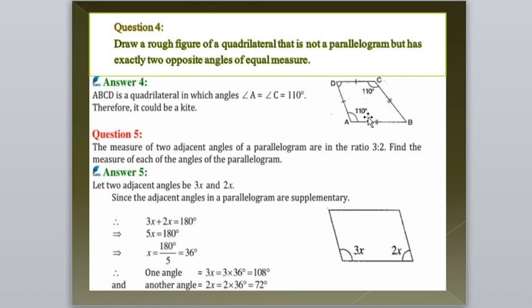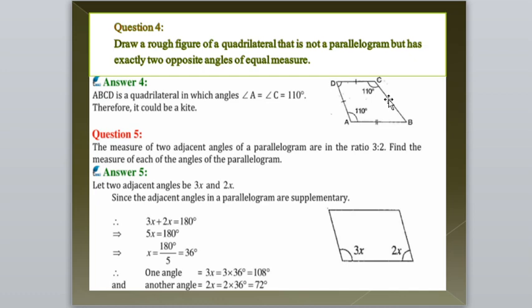Sides are not equal means opposite sides are not equal, and here the condition in the question is, draw a rough figure of a quadrilateral that is not a parallelogram but has exactly two opposite angles of equal measure. So in a kite, the consecutive sides are equal, that is AD and DC are two consecutive sides which are equal, and AB and BC are also two consecutive sides which are equal, but opposite sides are not equal.